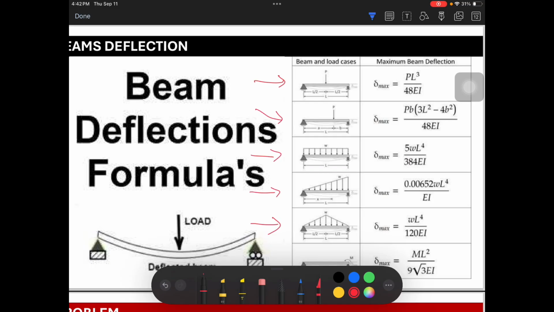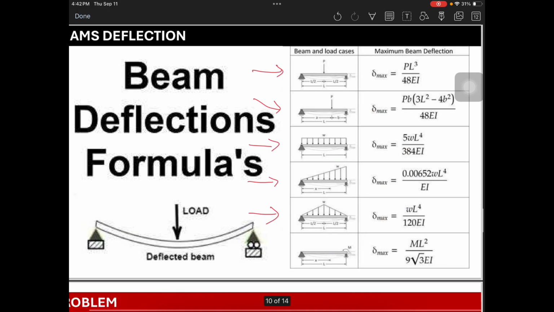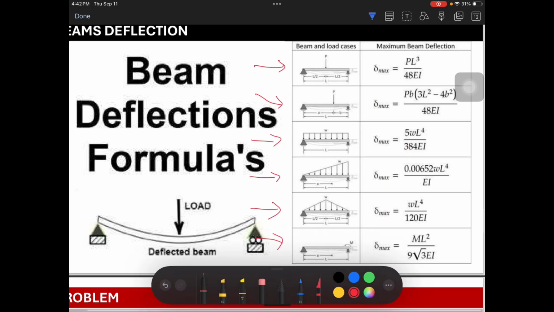You don't need to derive or use the other methods from structural theory. But if your loading is not in this table, you need to use your structural theory.